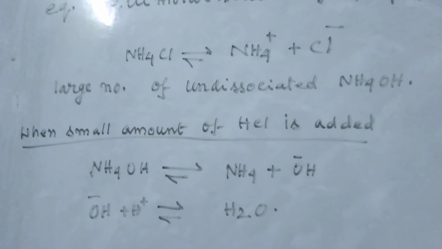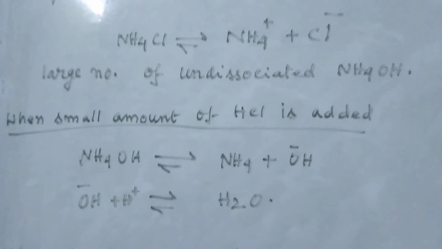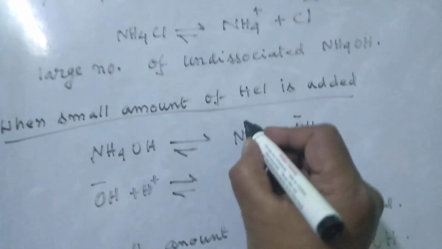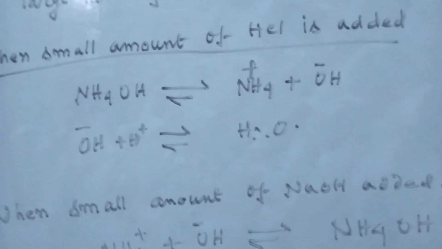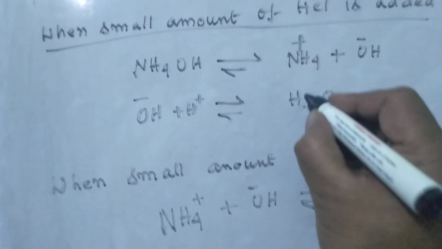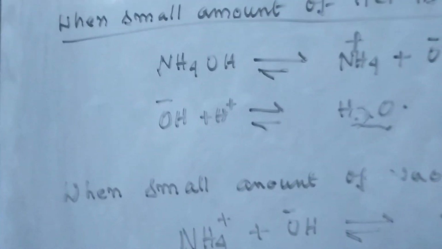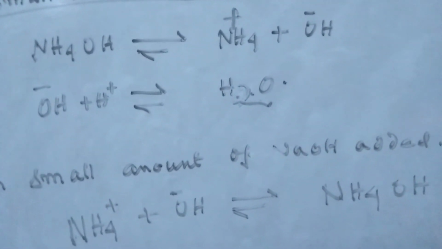Now when a small amount of HCl is added, the dissociation of ammonium hydroxide increases and it produces NH4+ ion and OH- ion. Now the OH- ion combines with H+ ion to form undissociated water.